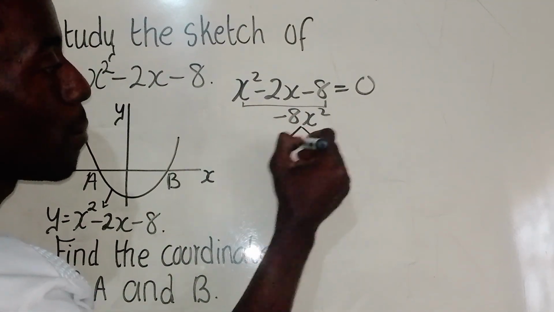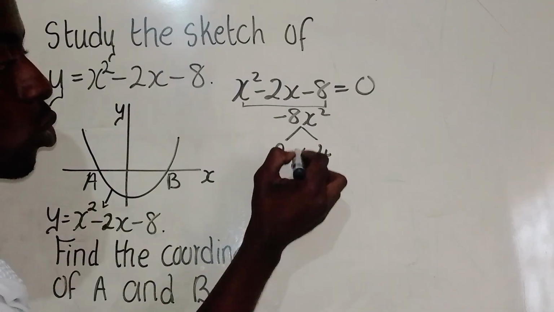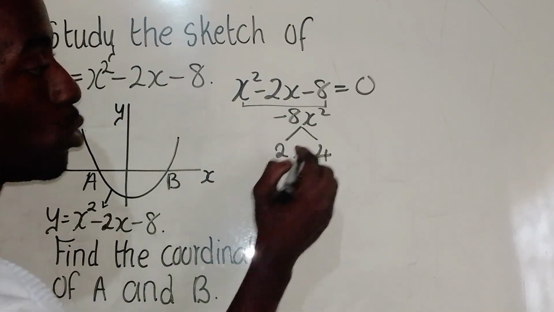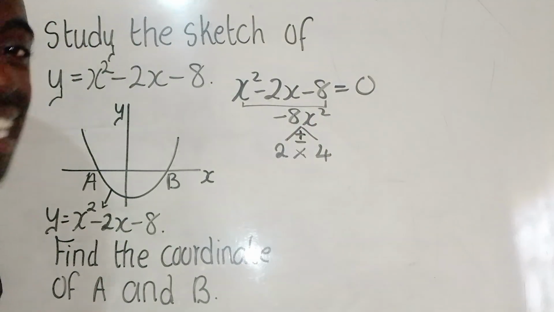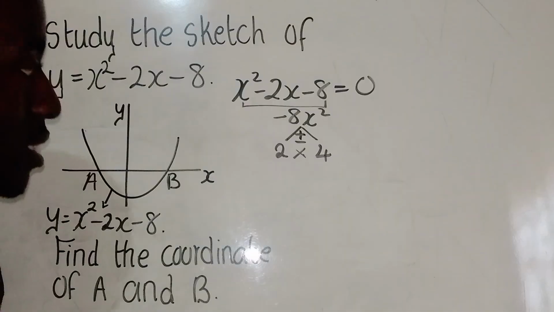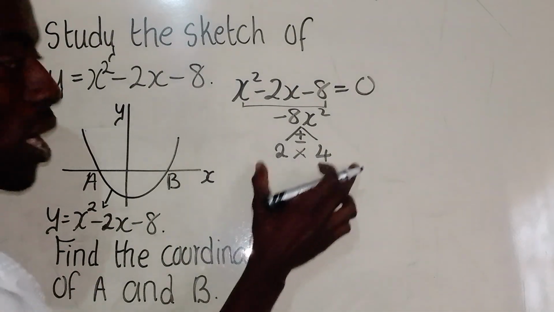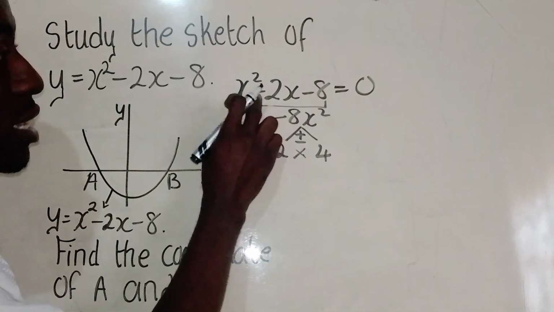Next step, you look for two numbers which you can multiply to get this one. So the two numbers, we may use 2 and 4, because 2 times 4 is 8. At the same time, in between, we are supposed to introduce positive or negative. Why do we do so? Because once we pick those two numbers, they're supposed to give me the middle number here, which is negative 2.